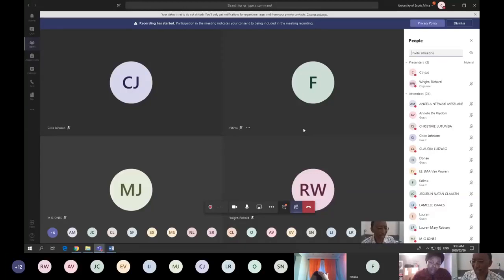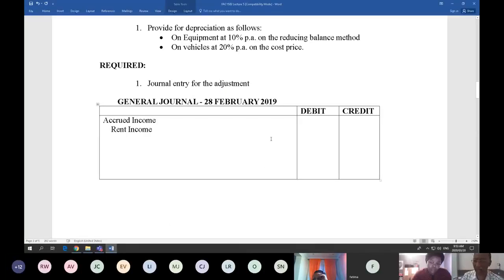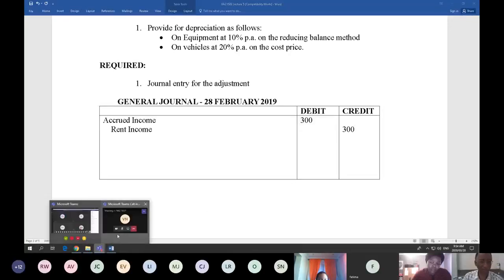So you take the 3,300 and divide it by 11 to get 1 month's rent. And then you will see that the actual rent income per month is 300 rand. So if you haven't received 1 month's rental, debit your account accrued income, and you credit your account rental income 300 rand. All clear on that one? Happy with that calculation?